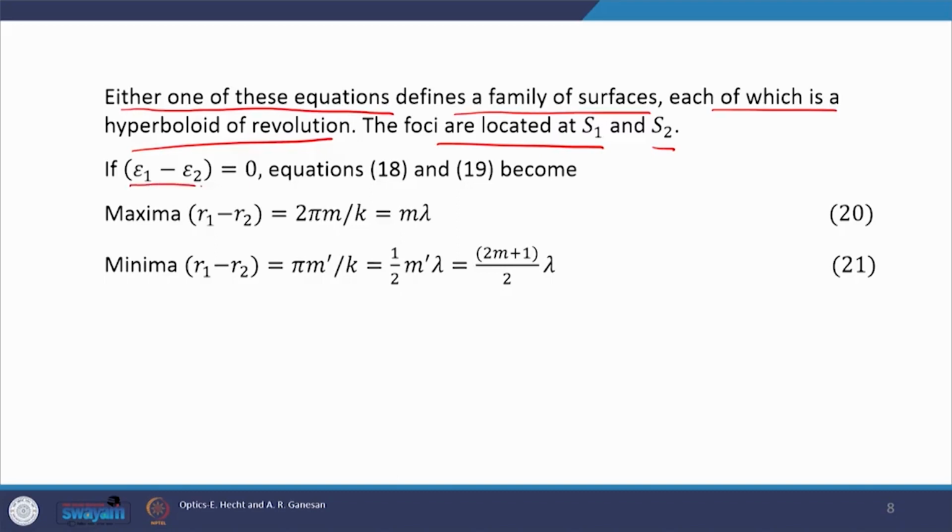Then epsilon 1 minus epsilon 2, the phase difference due to the initial phase, is 0. Then equations 18 and 19 become R1 minus R2 equal to m lambda, and for minima R1 minus R2 equal to m prime lambda by 2. They become quite simple, and if you plot it, you will again get a hyperboloid of revolution.